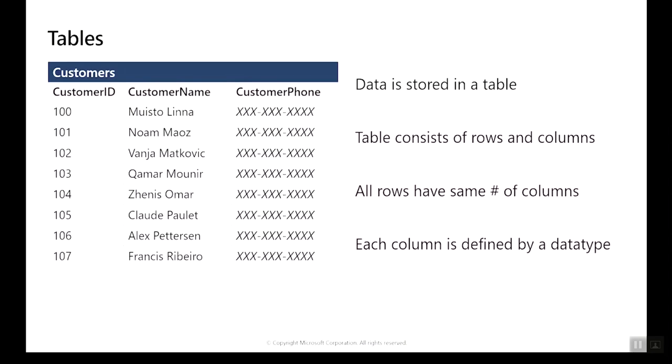So the properties in this case would be customer ID, customer name, and customer phone number. And all the rows in the same table will have the same number of columns. And some of these columns are actually used to maintain relationships between tables, which is where the relational database or relational model gets its name from.